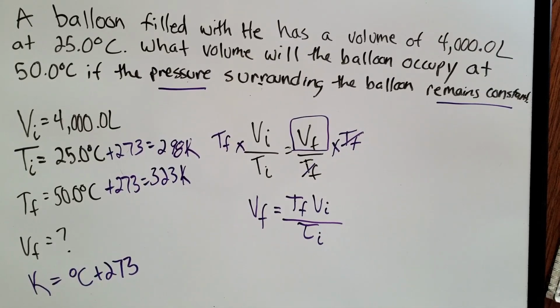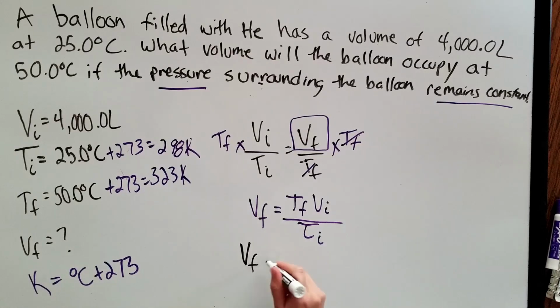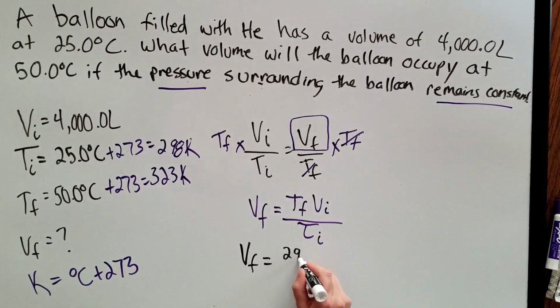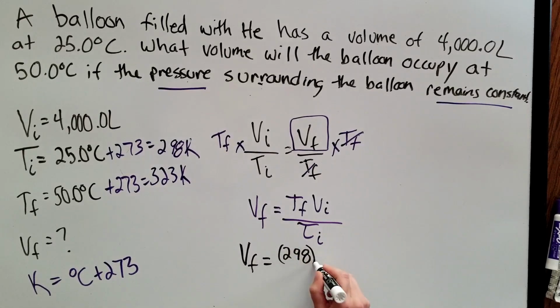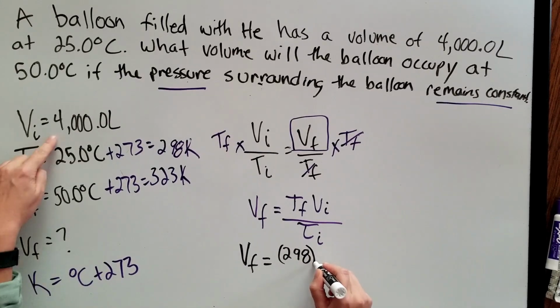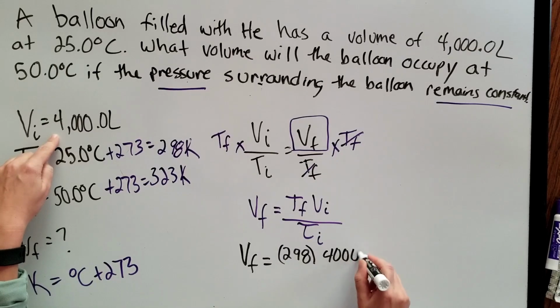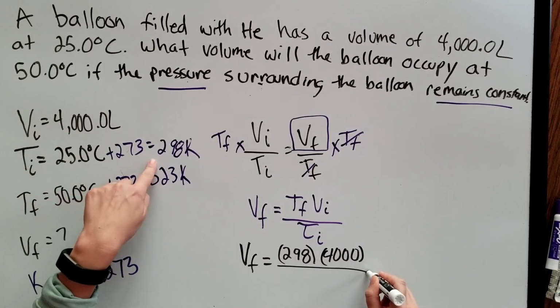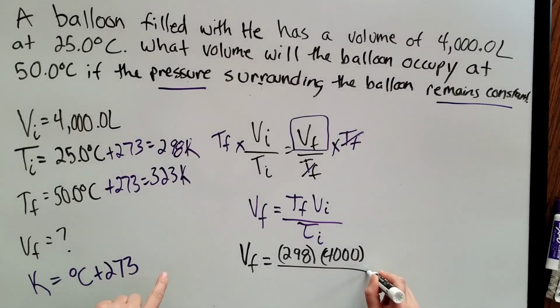So now I can just plug in my variables in the correct units and solve. So let's see what I get here. My final volume is going to be 298 multiplied by VI, 4,000, and all of that divided by my TI. Oh, I already made a mistake.